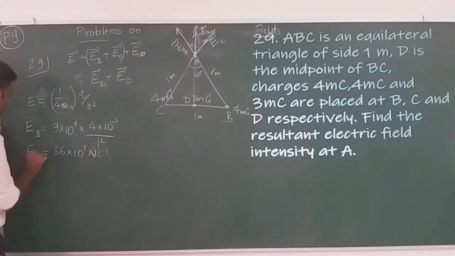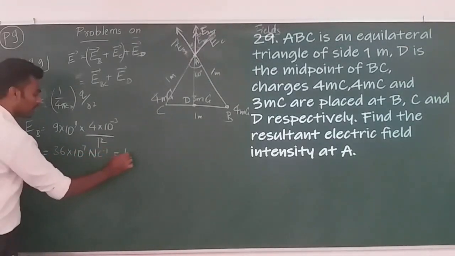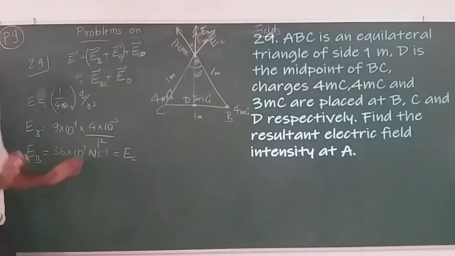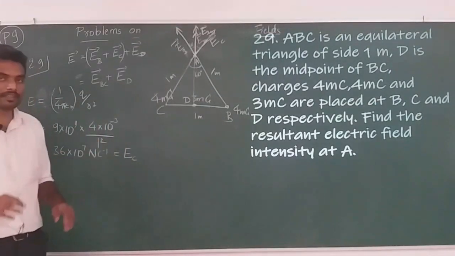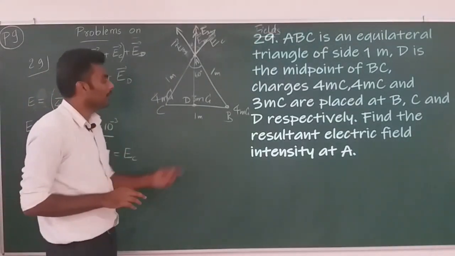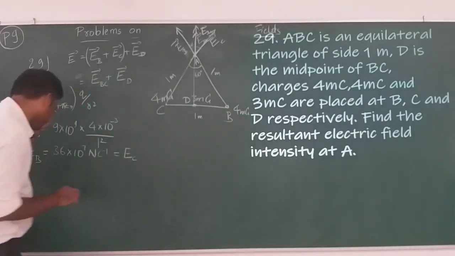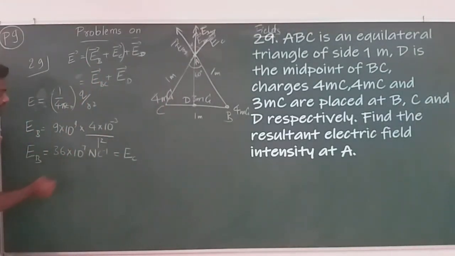This is EB, and this itself is our EC, the magnitude of the electric field due to the charge at C. Now you have EB and EC. Now let me work out EBC.